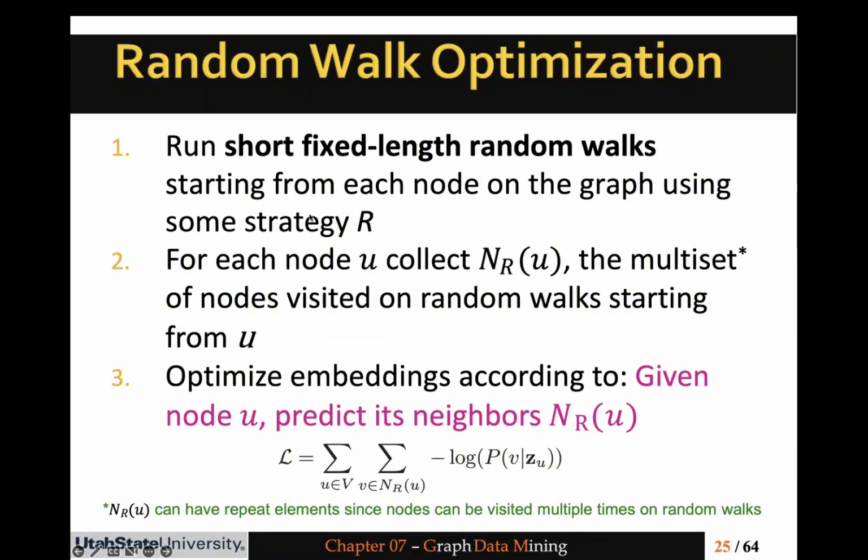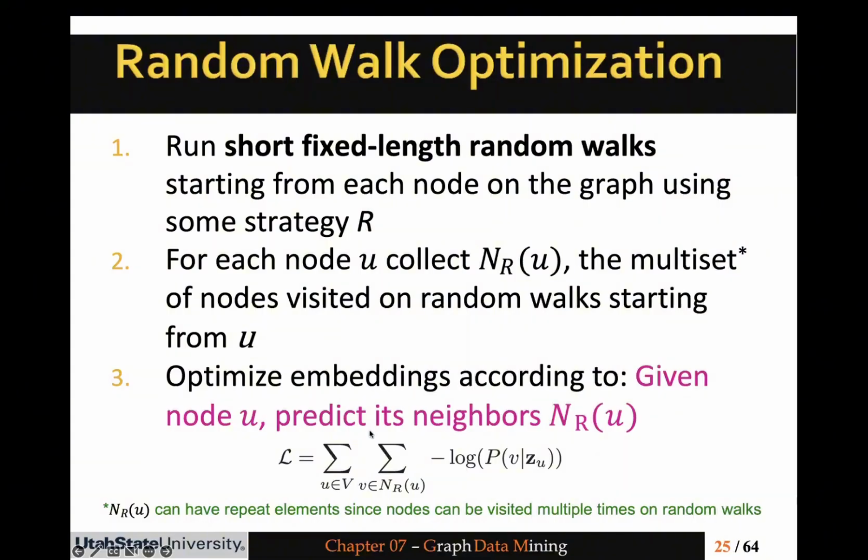Now the last step of the encoding is to define a loss that we would like to minimize in order to find those encodings, ZUs and ZVs. The loss function that you could see here is defined as follows.